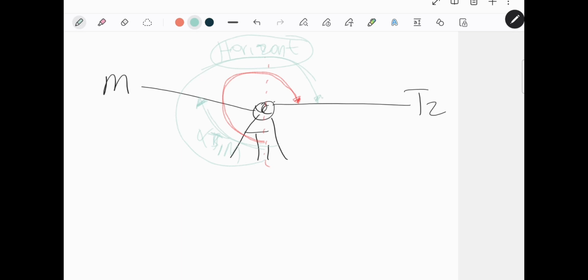So the first step in the question, you are supposed to find the join. So you just come here, so you write, you're moving from T1 to M, so you're finding join T1M.